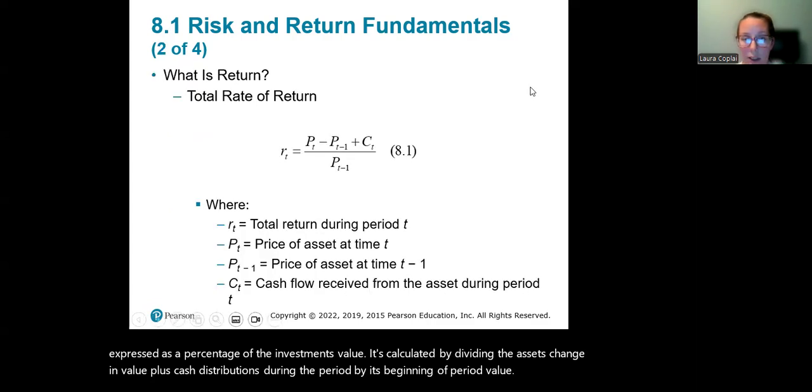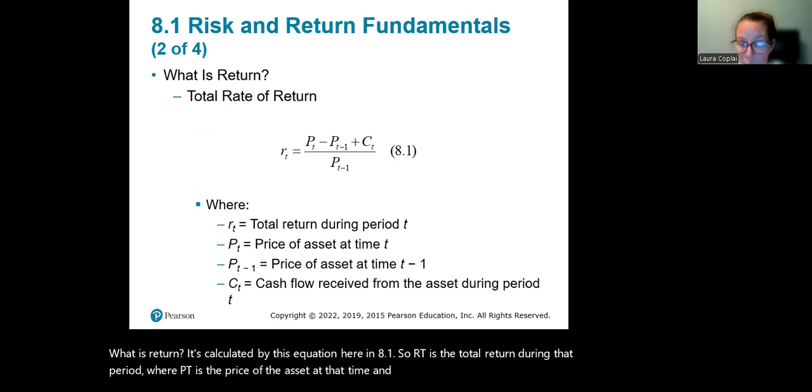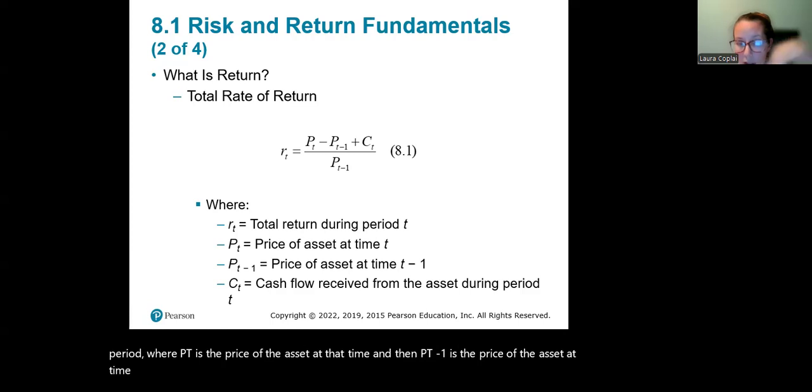What is return? It's calculated by this equation here, 8.1. So R_t is the total return during that period, where P_t is the price of the asset at that time, and P_t minus 1 is the price of the asset at time t minus 1. And then C_t is the cash flow received from the asset during that period.